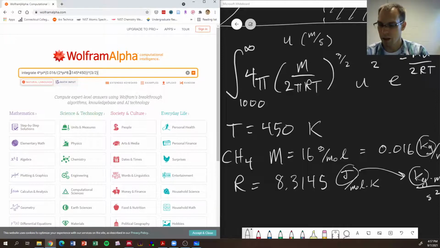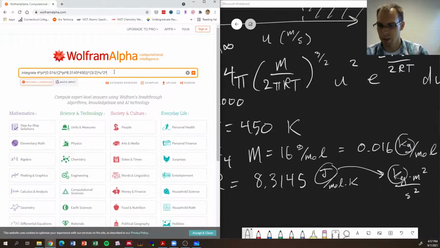Okay, and then multiplied by u squared times, and there are two different ways to write this exponential term. We can either write e raised to the, and then put everything in here, or an alternative way, the way it's done in Excel if we use Excel for anything, is exp and parentheses, that's short for exponential, which is what we're doing here.